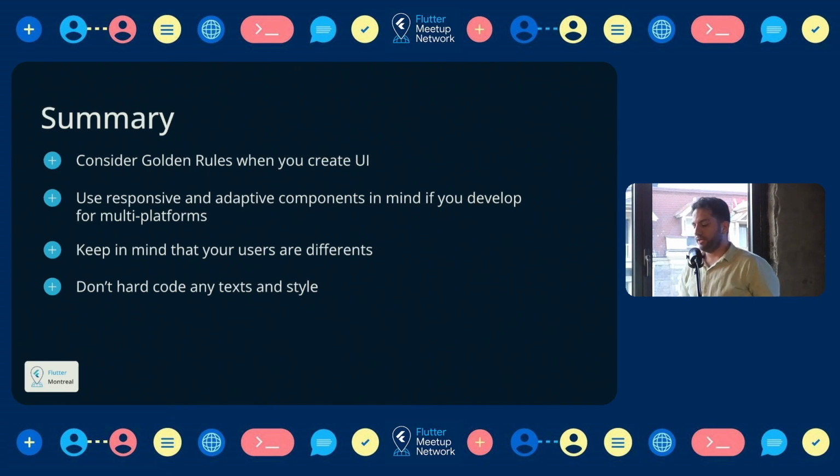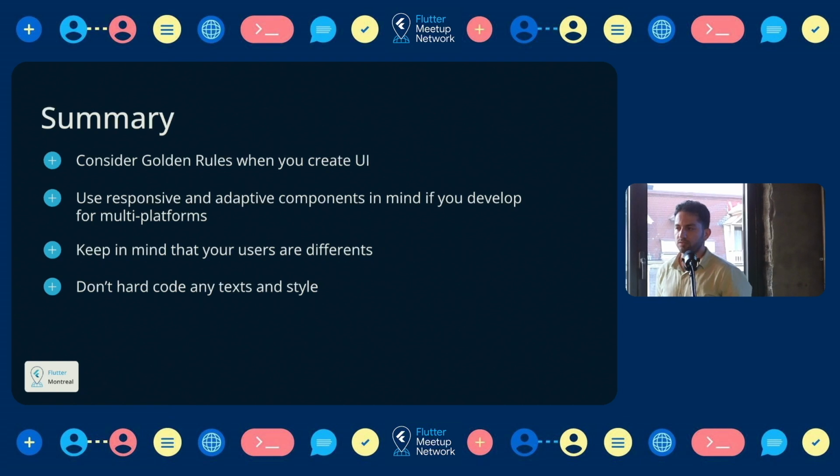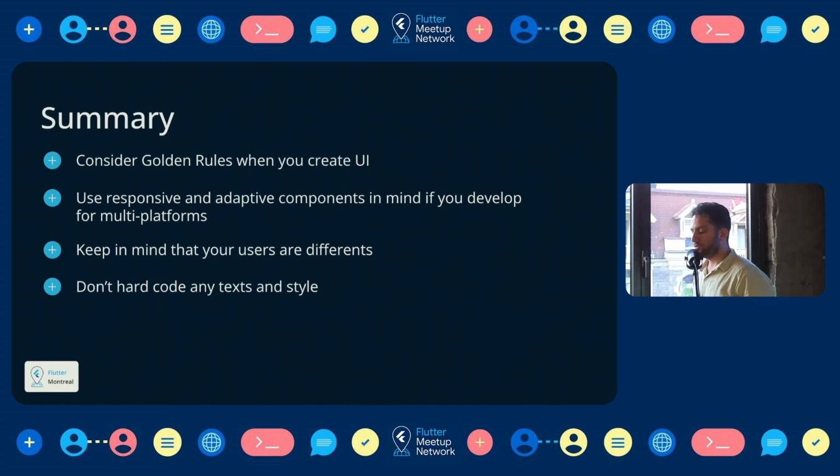Let's have a summary. These are the rules and some principles in software engineering for a better UI. Consider golden rules when you create UI. Use responsive and adaptive components to have better performance on any platform.